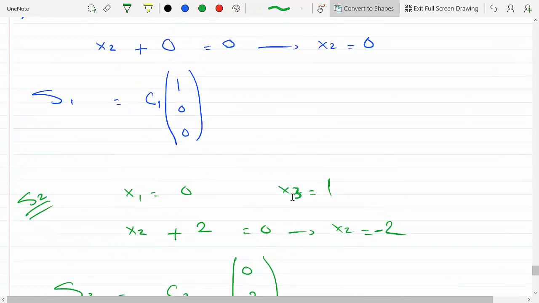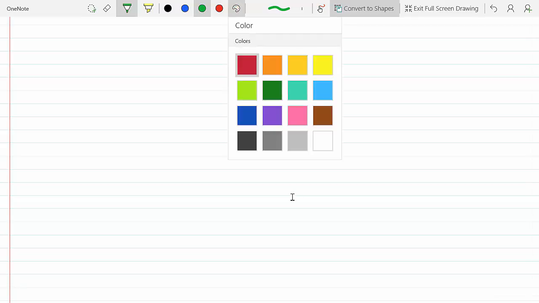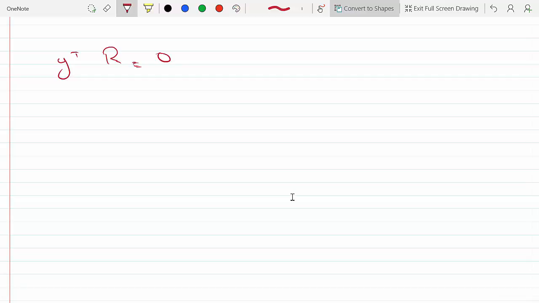Okay, and for the last part, which is y transpose R, this is going to be similar to the first matrix.